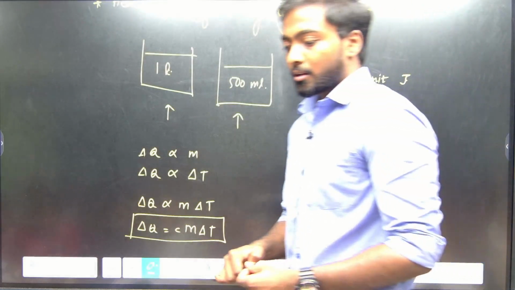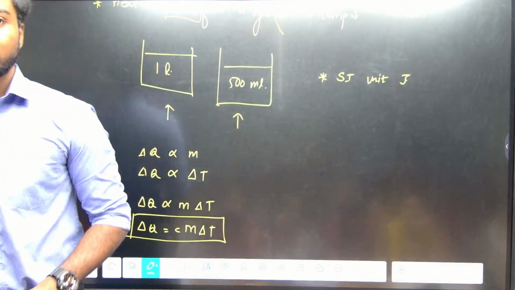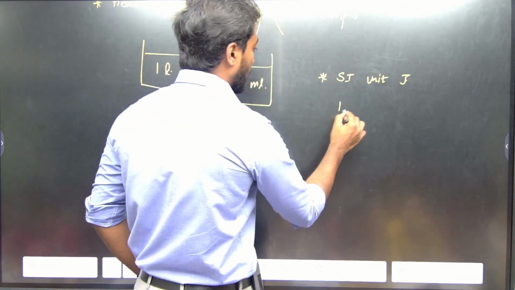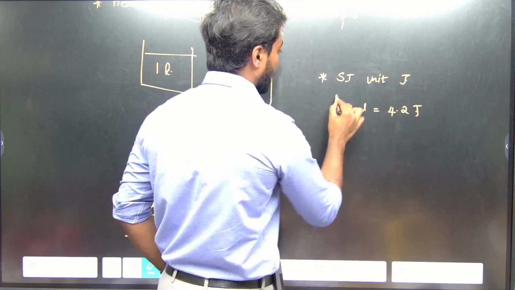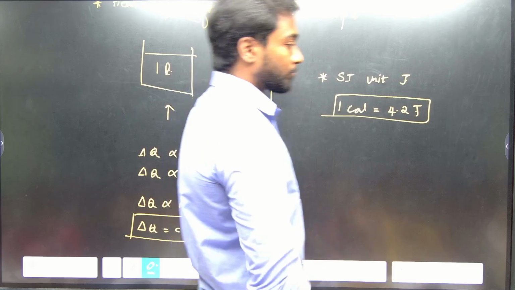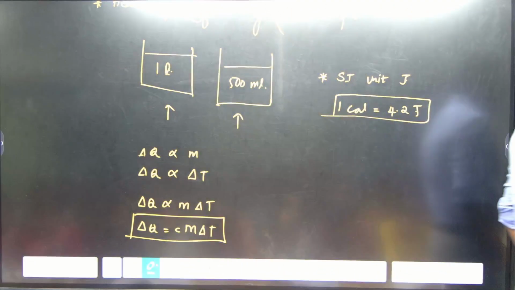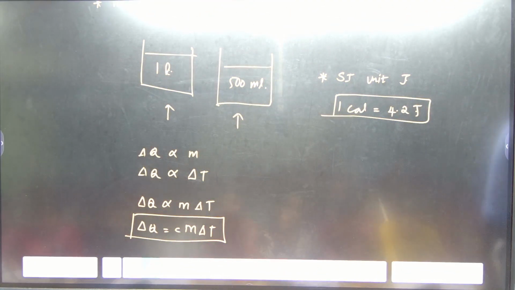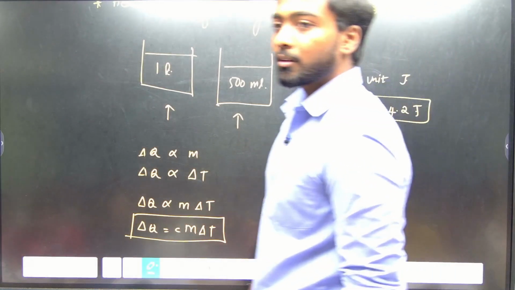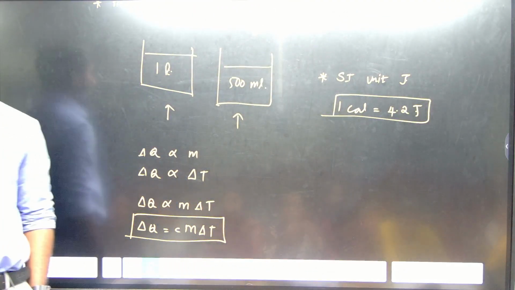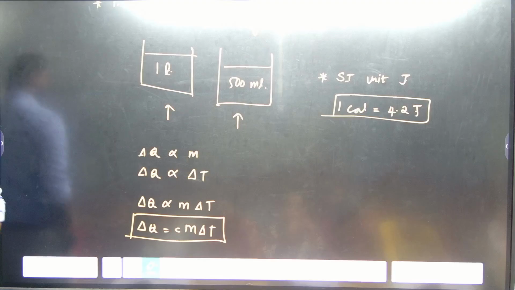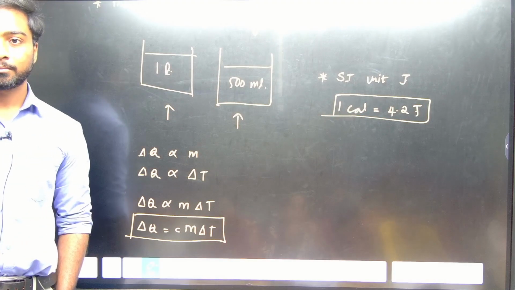If they mention it in the question, then 1 calorie is approximately 4.2 joules. Then 1 joule in terms of calories is 1 by 4.2 calories. The vice versa of this.